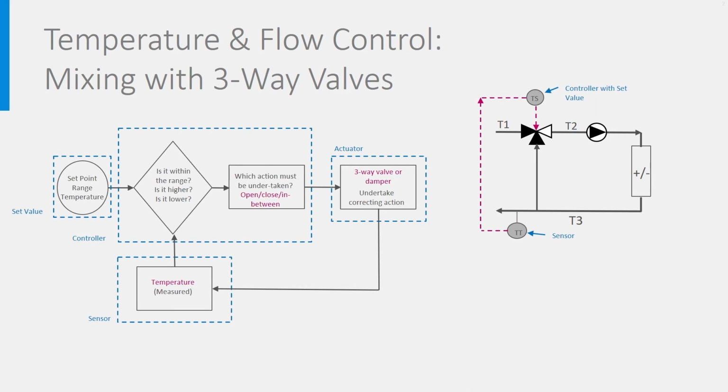We can also control temperature by using a three-way valve. In fact, it also controls the flow. There are many parts of a HVAC system where heat is removed or gained, like a boiler, a cooler, and all kinds of heat exchangers. The rectangle with plus minus symbolizes such a heat exchanger on the right, a cooler or a heater.